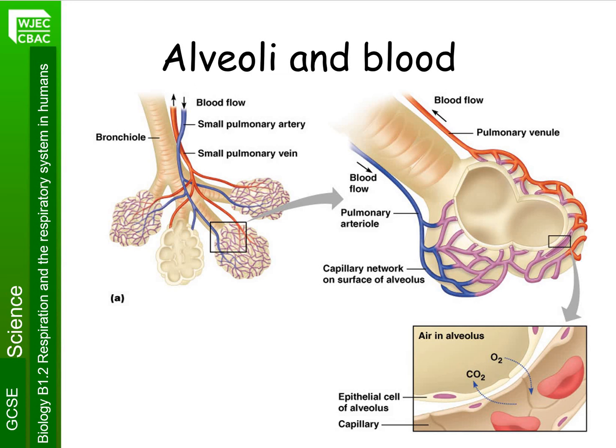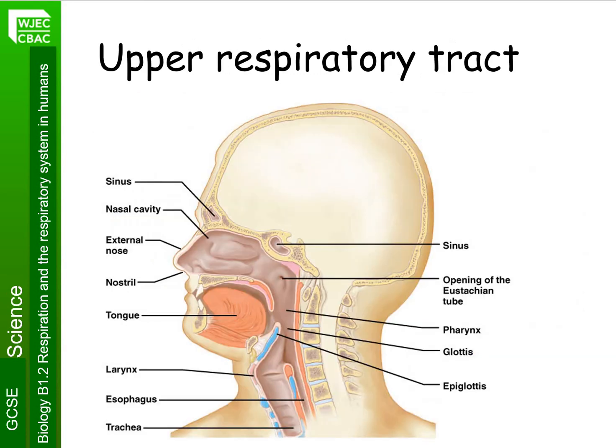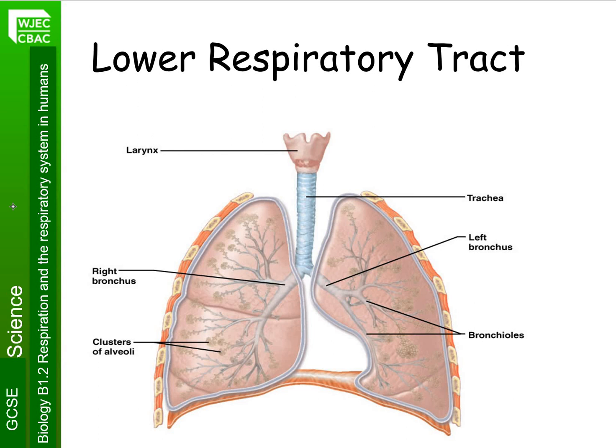So if we go all the way back to our upper respiratory tract, if our oxygen molecule is here, you can describe its route through the nose or through the mouth, down through the trachea. It then goes into the lower respiratory tract, down through the larynx and the trachea.